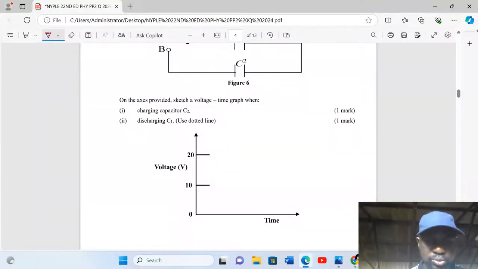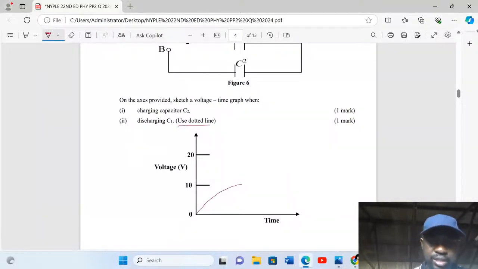Since C1 has been given a dotted line, for C2 we can use a continuous line. The potential difference rises from 0 to a maximum of 10, like that.